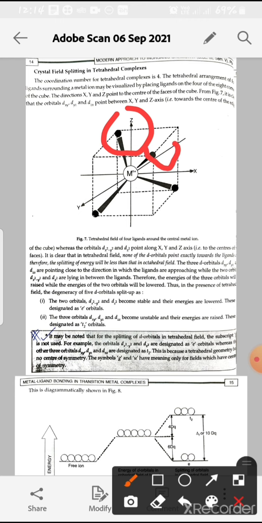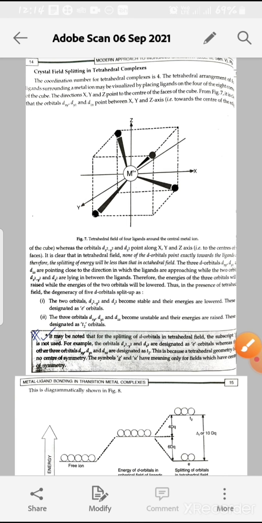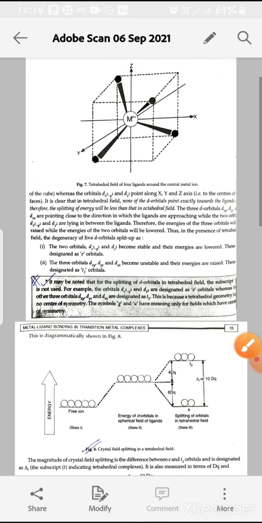This is the ligand, this is the ligand, and this is the ligand. So the first ligand is there, then an alternate position, then this is the ligand, and so on. So ligands are present at alternate positions.